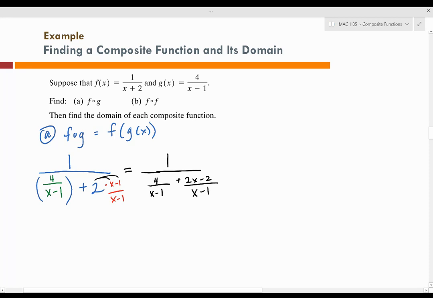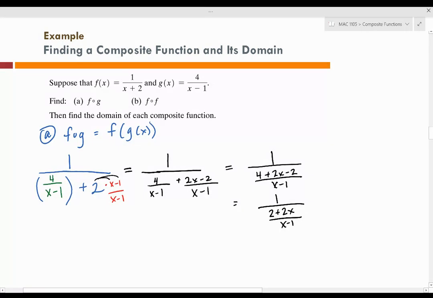Okay. Now that the terms in the denominator have the same denominator, we're going to add their numerators. So I have 1 over [(4 plus 2x minus 2) over (x minus 1)]. I can combine like terms. So it's going to give me 1 over [(2 plus 2x) over (x minus 1)].